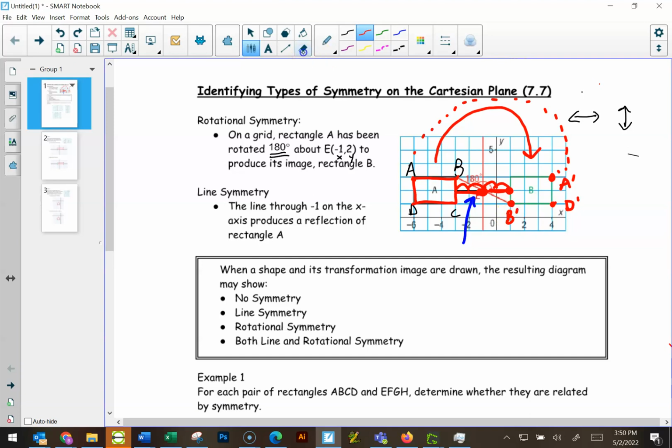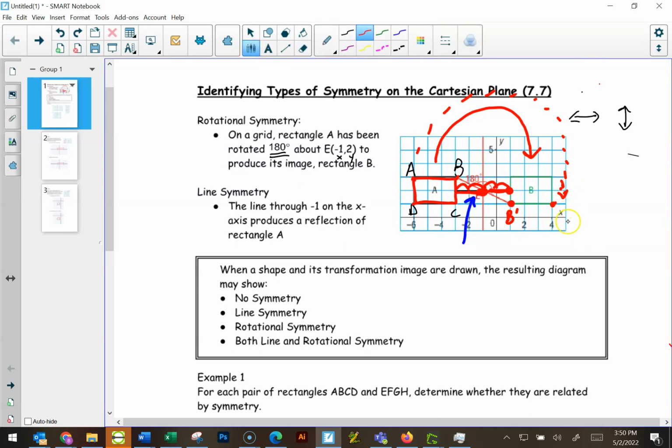Oh, I did my A wrong, that's why it was looking weird. Sorry, my A got a little messed up there. The A has to go all the way up and around, all the way down to there. I don't know why I labeled that D. Sorry, that's my A down there.